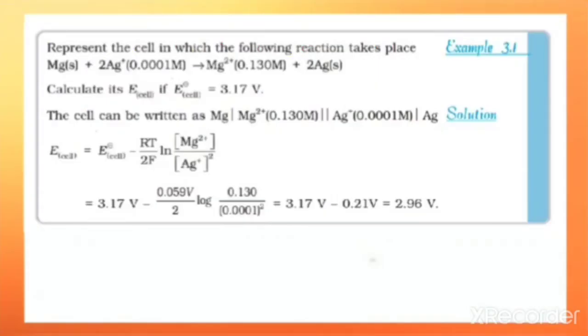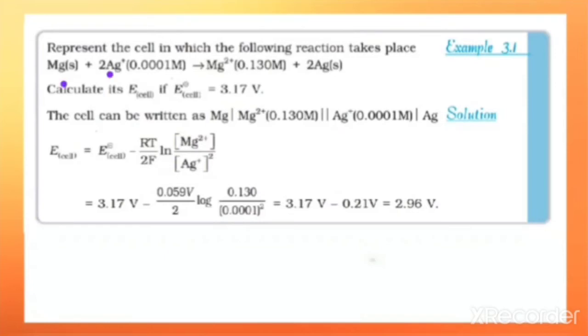Example 3.1. Here the question and the answer both are given, so look at how it is done. Represent the cell in which the following reaction takes place. Here the reaction is given instead of the cell representation, and it is asked to write the cell representation.